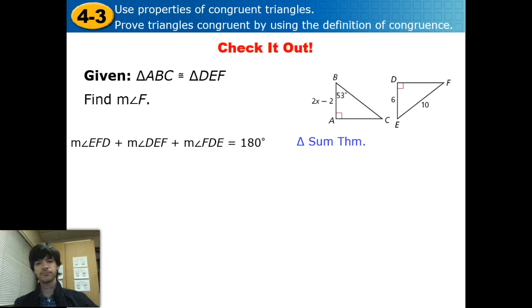From here, though, we need to figure out, well, how can we figure out the measure of, let's see, how do they label it here? DEF. How do we find this measure? Well, let's look at our congruent triangles. So which angle corresponds with E, with DEF?